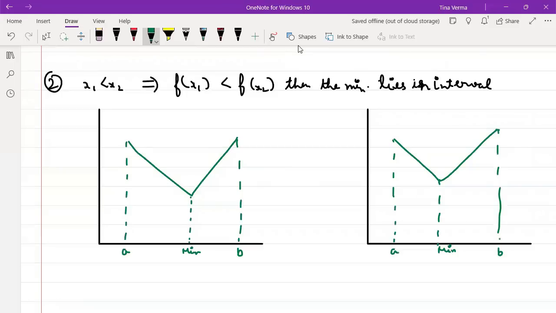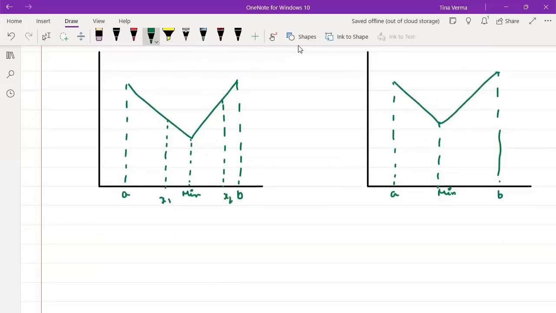So when you have x1 is less than x2, तो केस क्या हो सकता है कि x1 यहाँ है, ठीक है, x2 सपोज आपका यहाँ है. Here your x1 is less than x2 and your function's value is also less than function's value at x2.